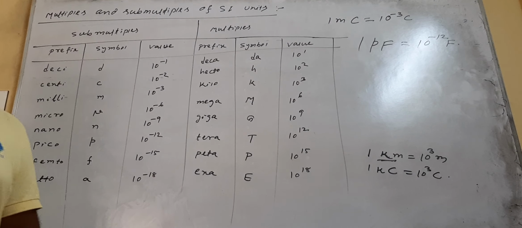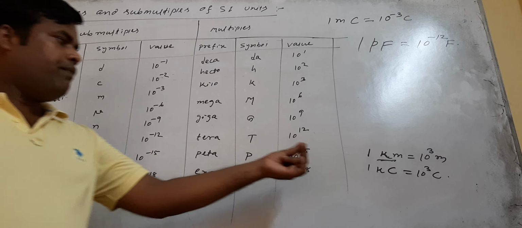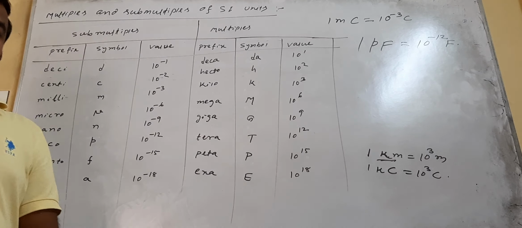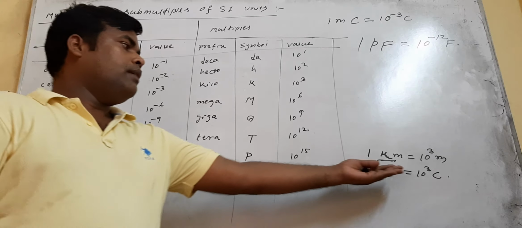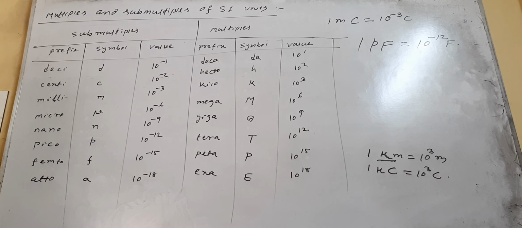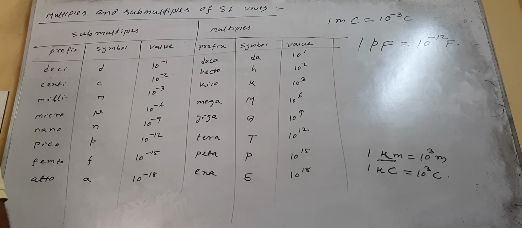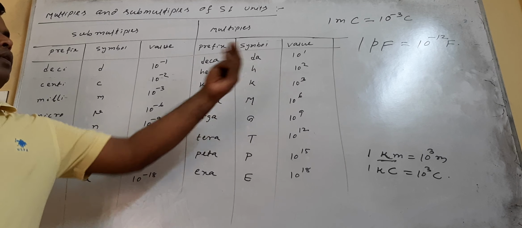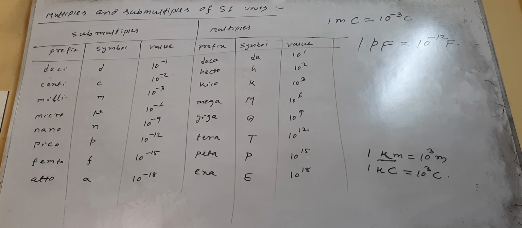That means whenever you have the prefix small k, that means it is kilo, then the multiple comes, that is 10 to the power 3. Similarly, whenever you have capital M as the prefix, then the multiple is 10 to the power 6.